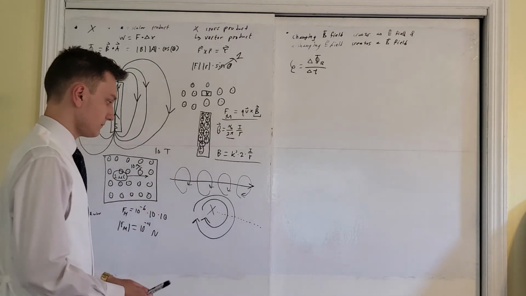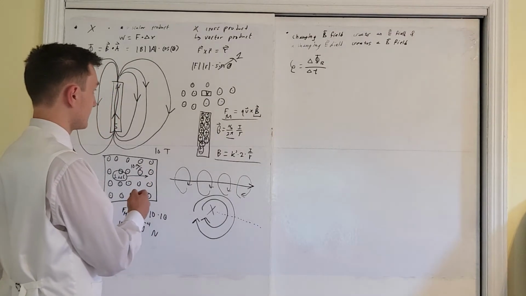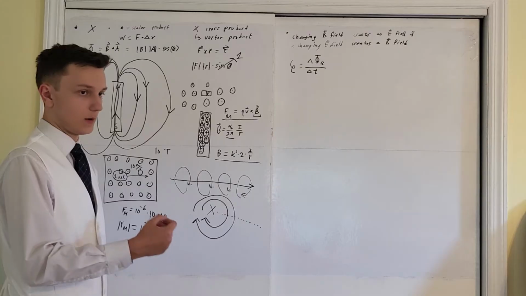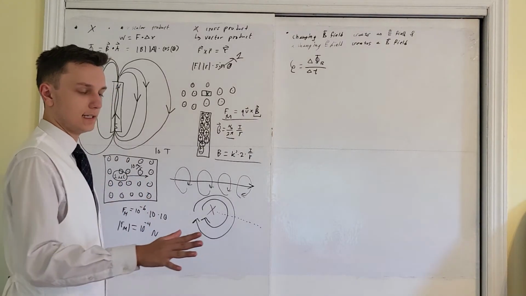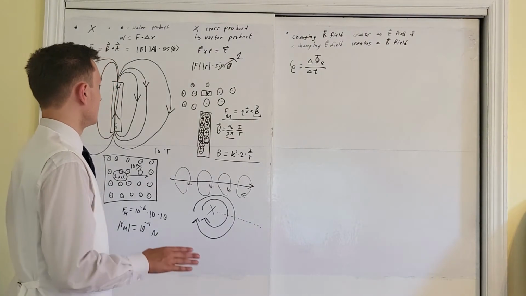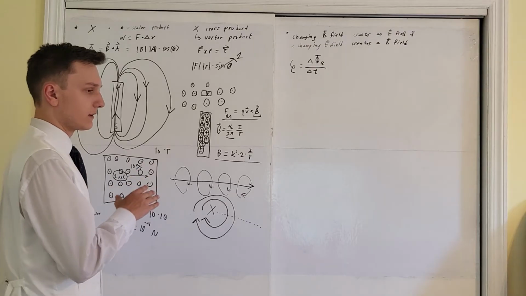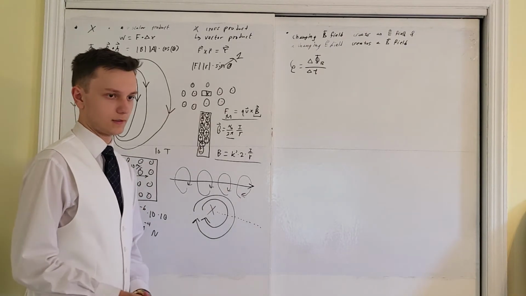Okay? If I were to put the magnet next to a wire, and that wire has no current running through it, the magnet will not induce current in the wire. Okay? The B field must be changing in order to induce an electric field. Okay?